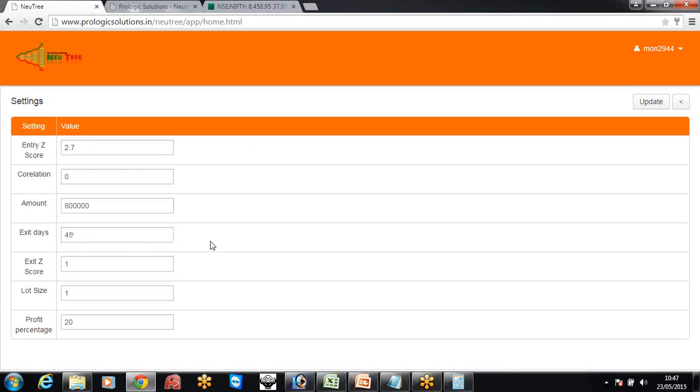You can actually even do it at 30 days also. And the profit percentage here I have mentioned as 20%. You can even mention it as 10%. So in that case, what will happen is when the z-score doesn't come to 1, it will keep on continuing till 45 days. That is the reason why you have got that kind of a loss.